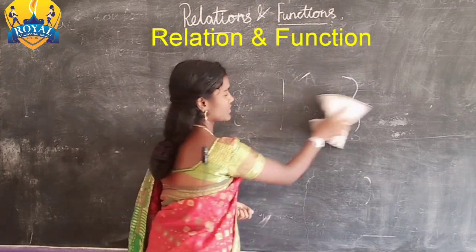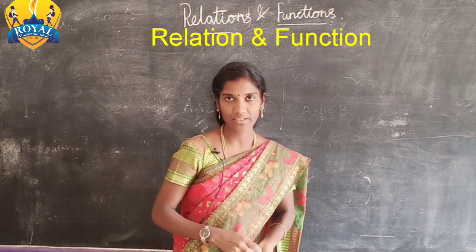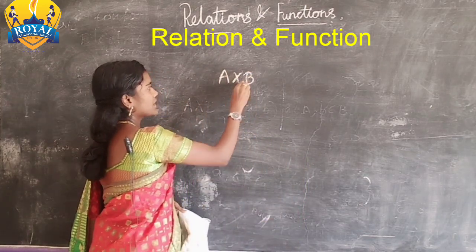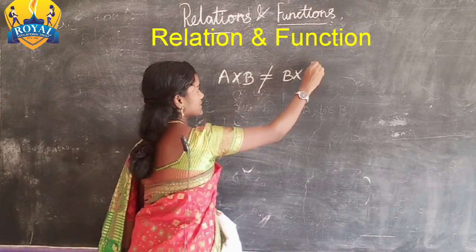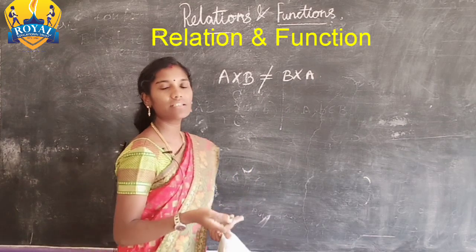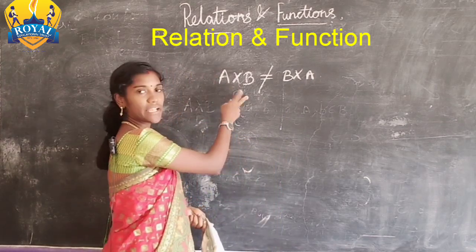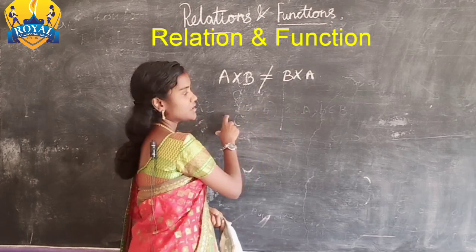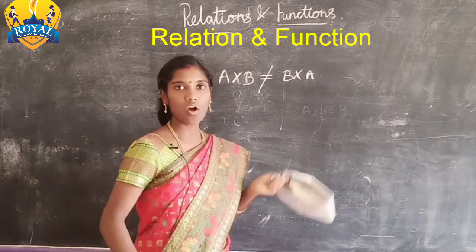Now, from this product, you have to prove some conditions. A cross B is not equal to B cross A. If the two non-empty sets interchange their places, the ordered pairs are not equal. This is the definition of this condition.